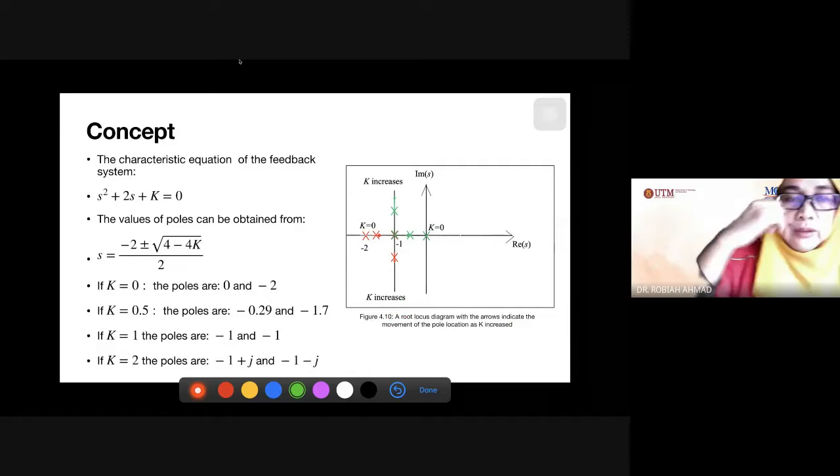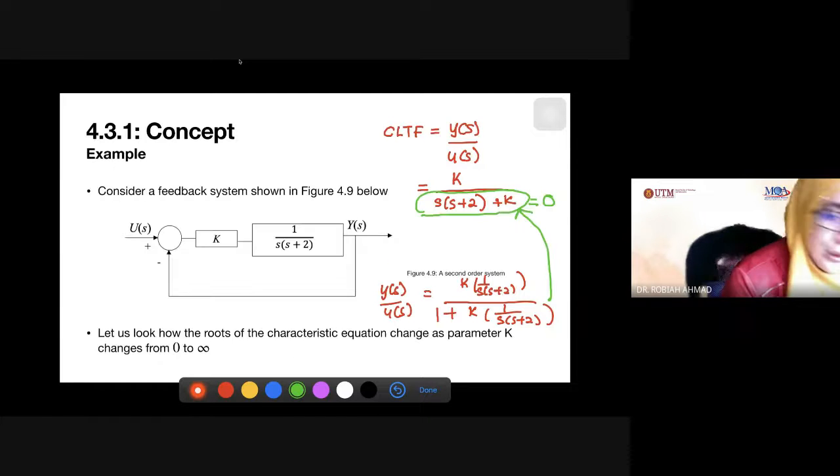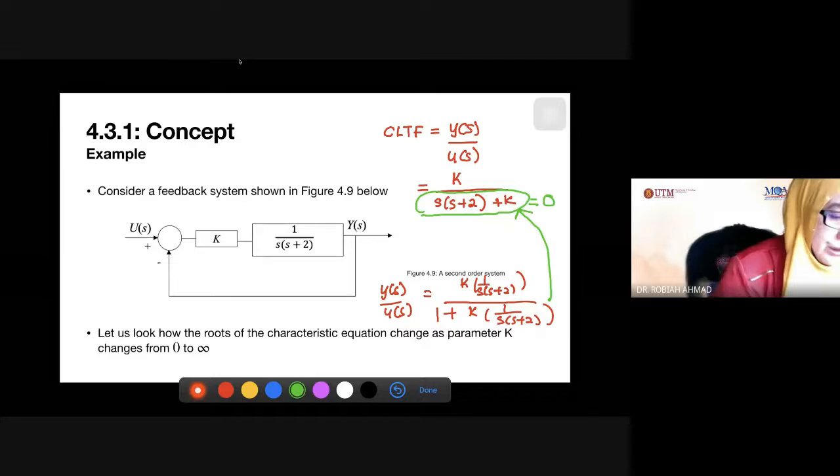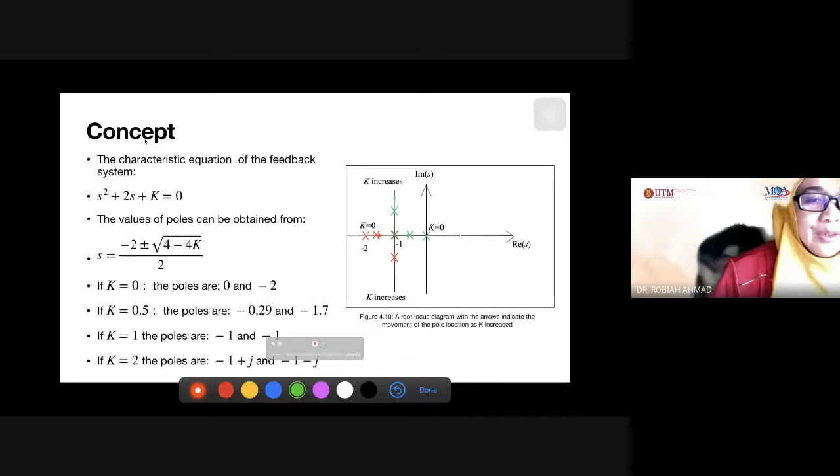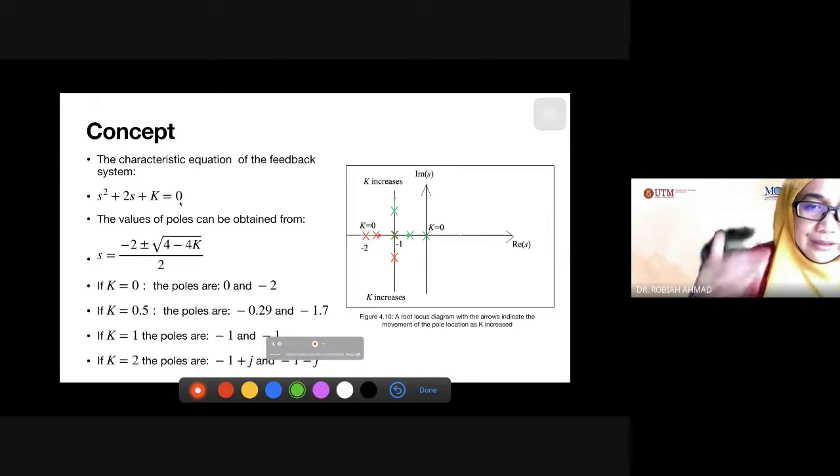Okay. So kalau kita tengok tadi, kita punya characteristic equation, the green one, s squared plus 2s plus K equal to 0. Okay, so we go back, go front. So s squared plus 2s plus K equal to 0. We know that the denominator represents poles.